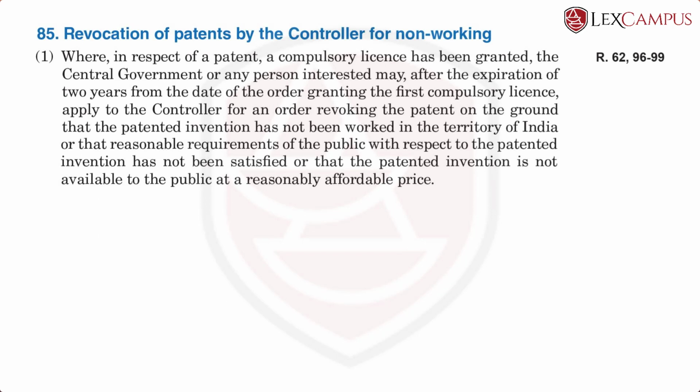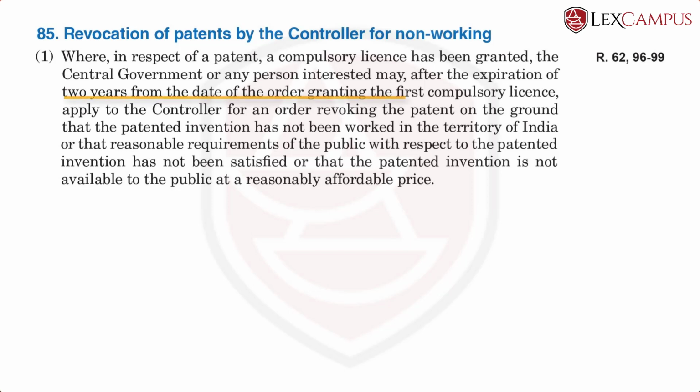So one of the requirements for revocation under 85 to kick in is that the patent should have been compulsory licensed, which means the patent was granted and after 3 years someone applied for a compulsory license and the compulsory license was granted.